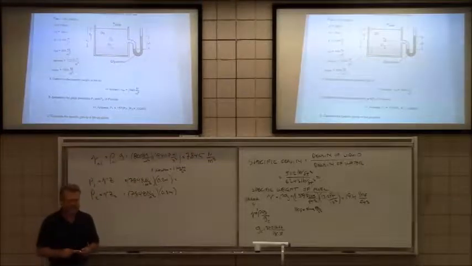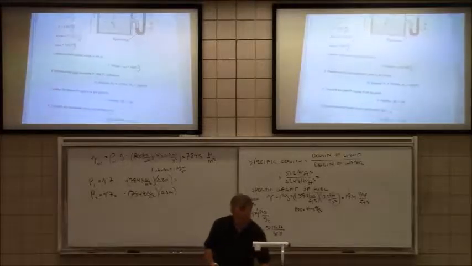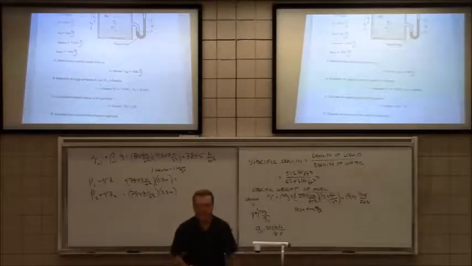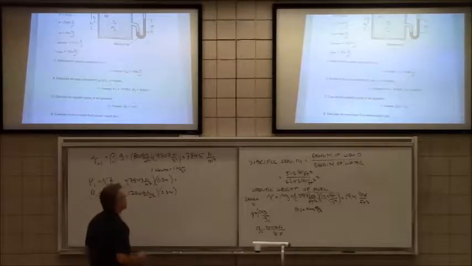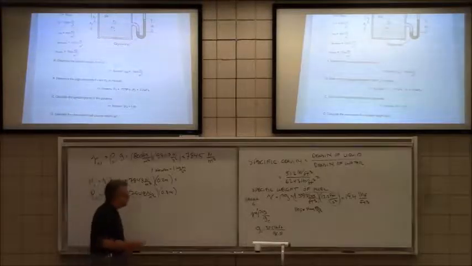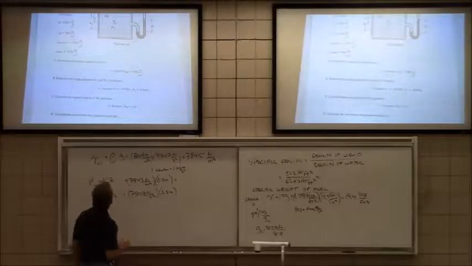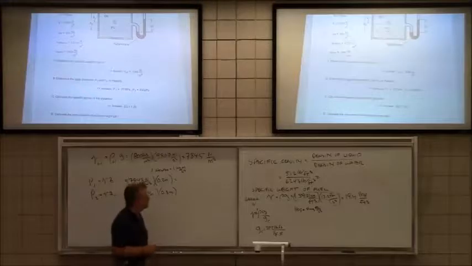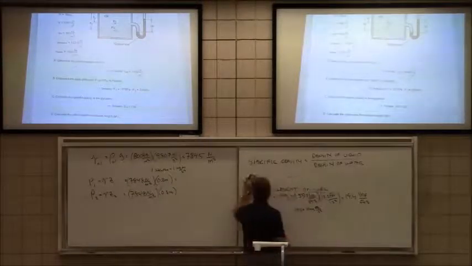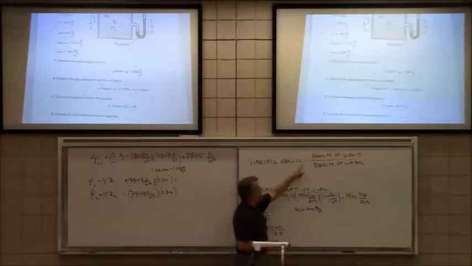Everybody see that? All right. So, calculate the specific gravity of the glycerin. What do we know about the glycerin? We know its specific weight. Could I just use the specific weight here instead?